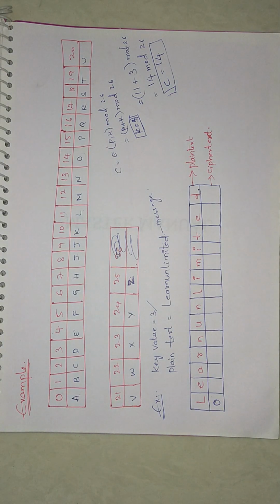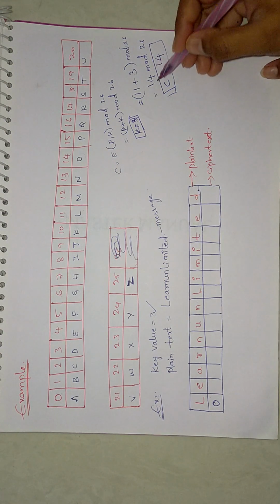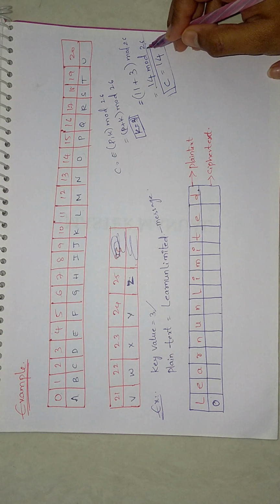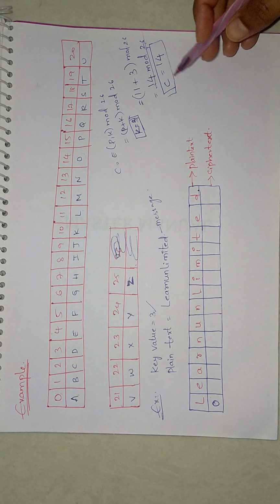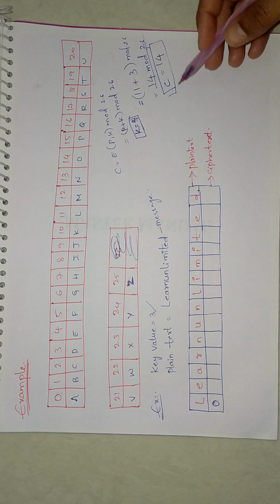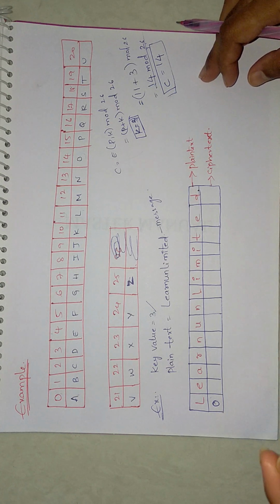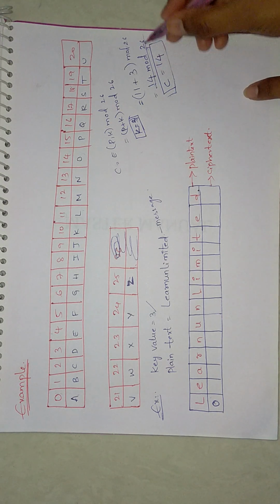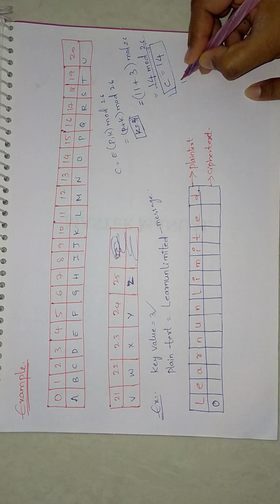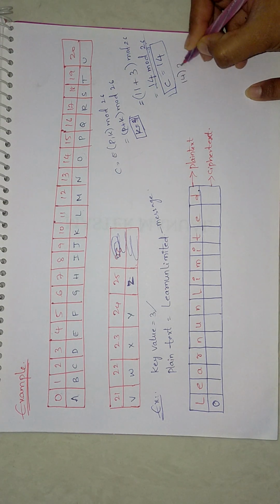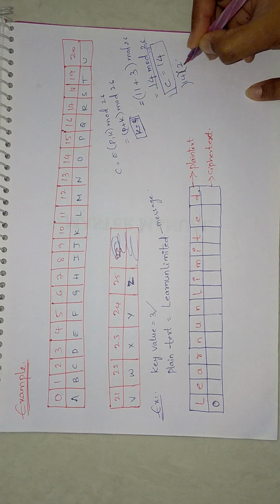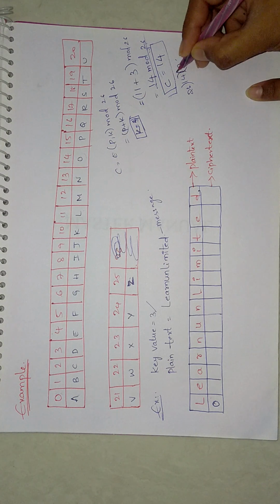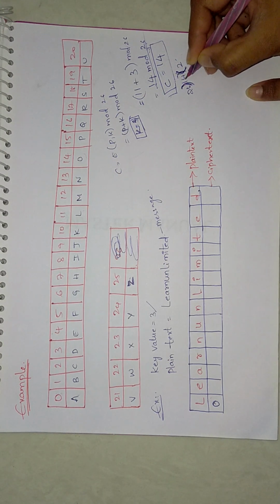This is how the whole technique goes on. One more thing: to calculate mod, it is a remainder, right? When you just do division of these two, whatever remainder is left, that is the answer. I'll tell you a basic simple technique here. Whenever you are doing mod values, this is the numerator. 14 mod 26 means 14 is the numerator and 26 is the denominator.